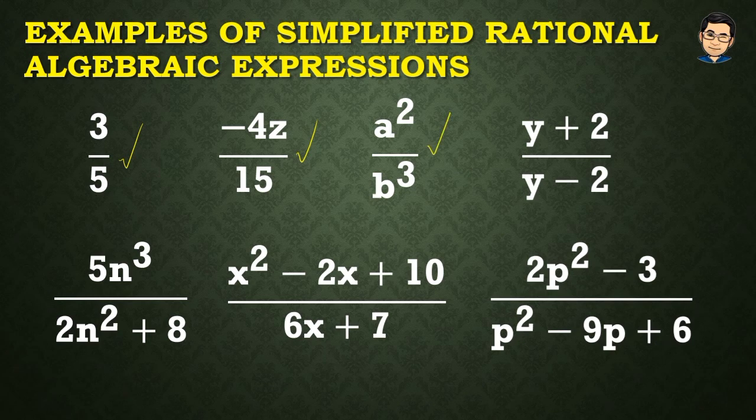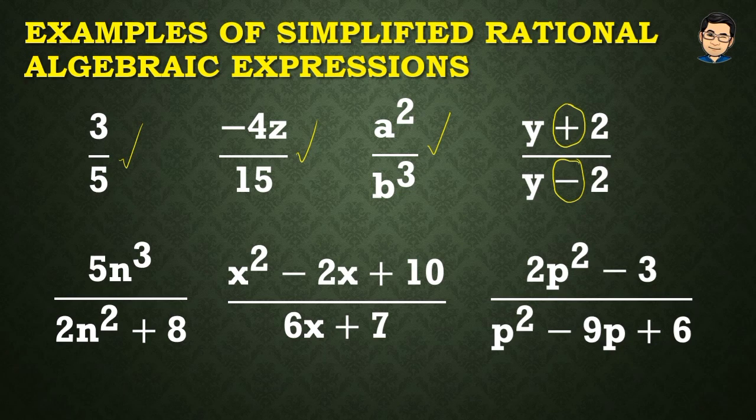As you can see, meron po tayong variable y sa numerator and then sa denominator. Pwede lang po natin i-cancel yung y sa numerator and denominator kapag wala po yung mga operation na plus and minus na yan. Ganon din po sa 2 tsaka 2. Kapag po may operations sa gitna ng bawat terms na yan, hindi po natin pwedeng i-cancel out.